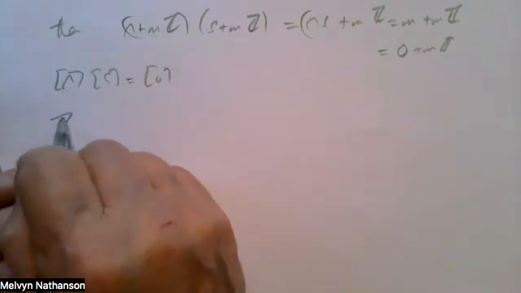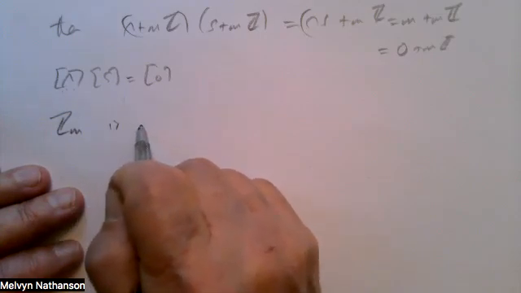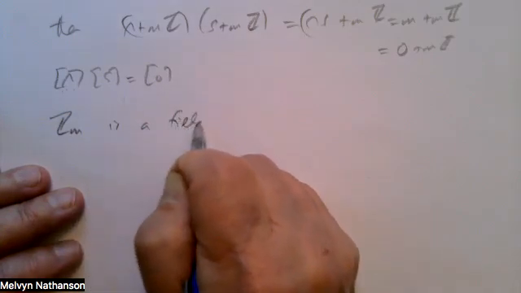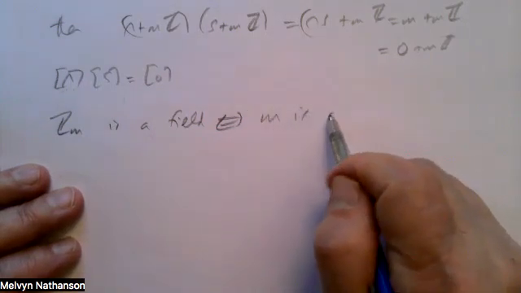So the ring of congruence classes mod M is a field if and only if M is prime.